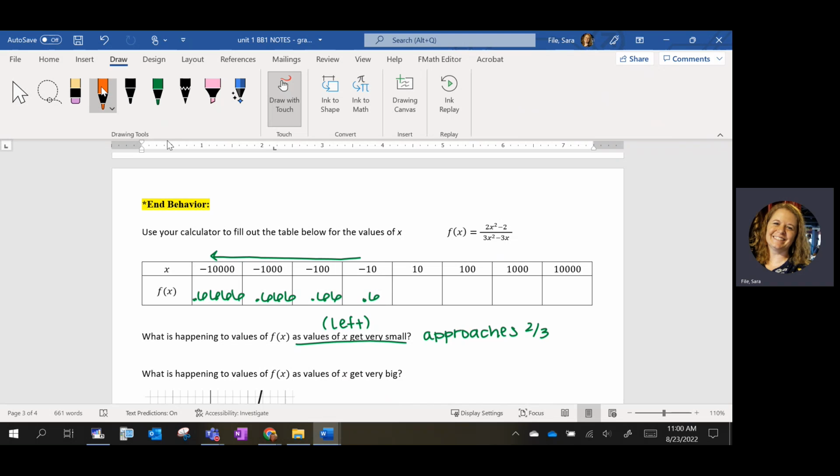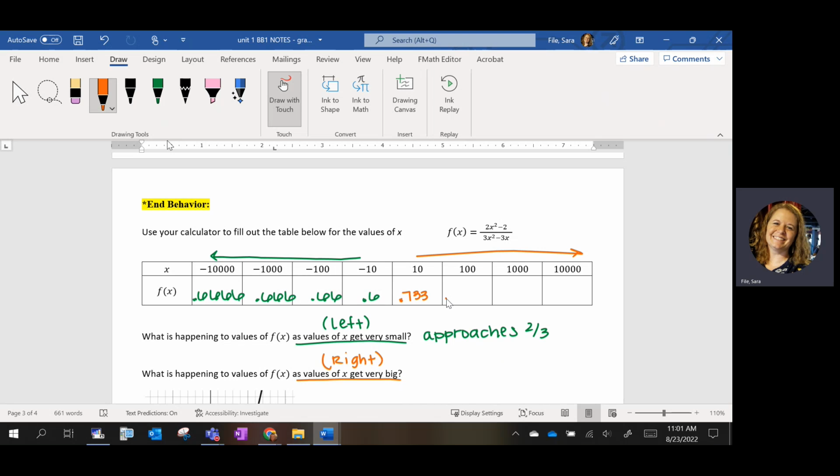Okay, so now let's do the right side to answer this question. As the values of x get very big, so that means as we're moving to the right, the right side of your graph. Okay, so those numbers were 0.73, and I mean it's 0.733, the 3 is repeating.